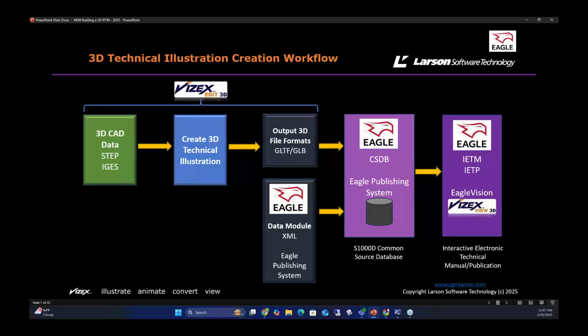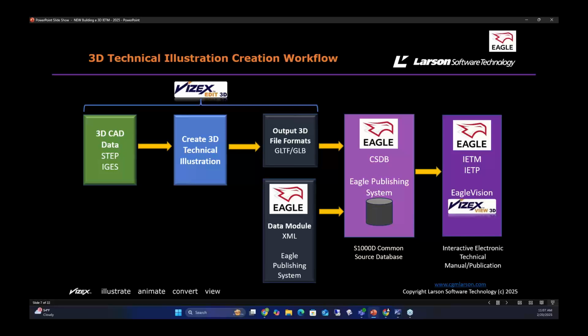So this is the workflow, and we'll probably show the majority of this today. I'll begin by importing some 3D CAD data, mainly STEP or IGES files, but this will be a STEP file. I'll then create the 3D illustration with animation.